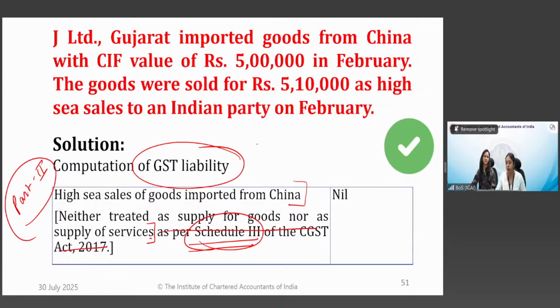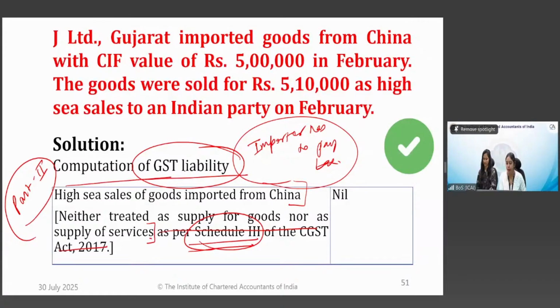And on imported goods, we pay tax under reverse charge. Or that is not particularly reverse charge, but the importer has to pay tax. So that tax we were talking about here. That is shown in the GST liability. That is a part of the GST liability because IGST is payable on the import of goods.